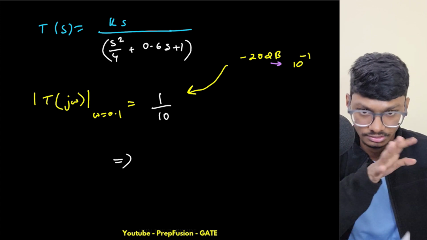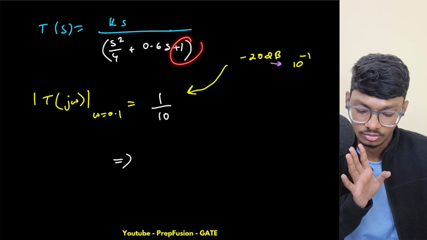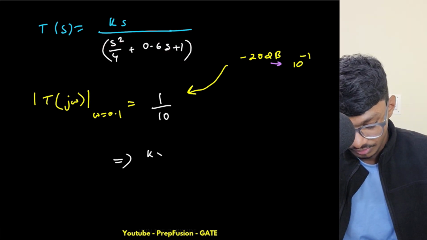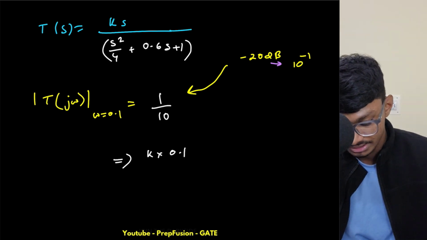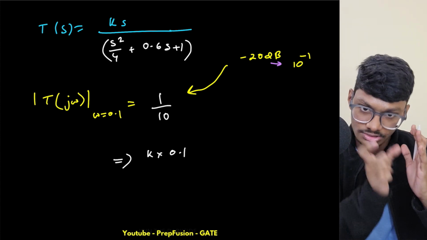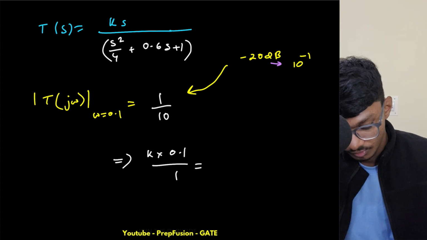Put s equals j omega and write the magnitude expression, putting in 0.1. You will see that all the other terms get ignored because we are squaring 0.1, and only one term is left. So k into s is k into j omega, magnitude is k into omega. So k times 0.1 divided by 1 equals 0.1.